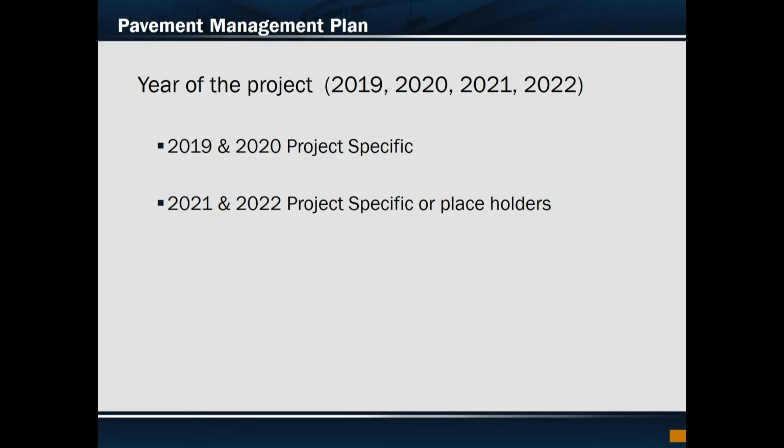When we talk about the full-year plan, I just want to give you an example. Say now we are in 2018, the full years we talk about are 19, 20, 21, and 22. For the first two years, when the district puts in their plan, it's required to be project specific, which means it has to have a location and also the estimated cost.